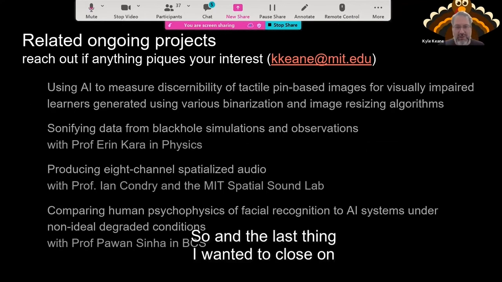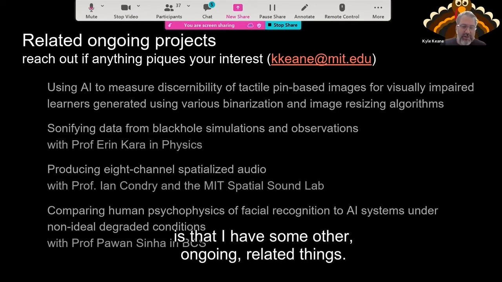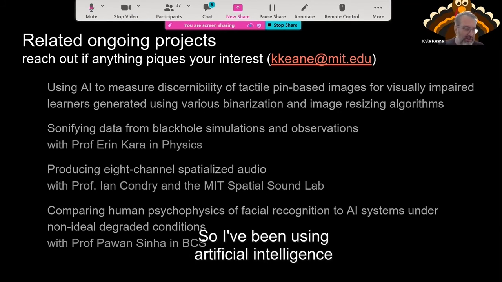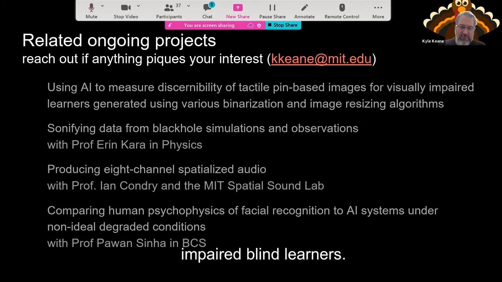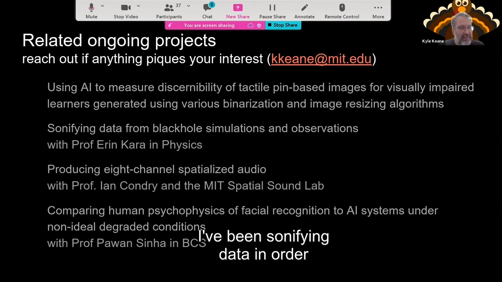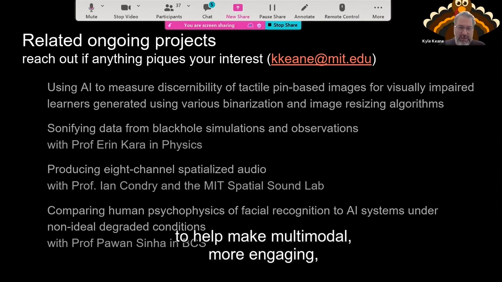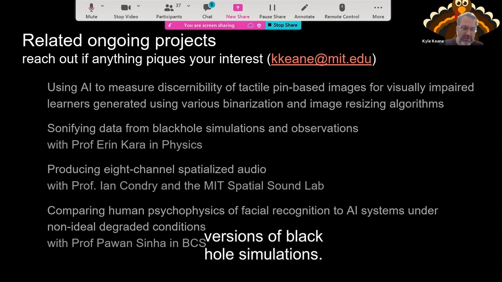And the last thing I wanted to close on is that I have some other ongoing related things. I've been using artificial intelligence to analyze the discernibility of tactile graphics for visually impaired and blind learners. I've been sonifying data in order to help make multimodal, more engaging versions of black hole simulations.